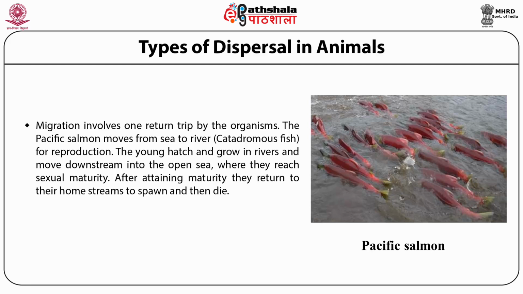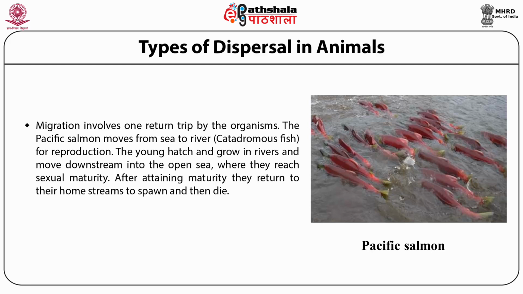In some species of Pacific salmon, the young hatch and grow in coastal streams and rivers. The young ones move downstream into the open sea, where they reach sexual maturity.